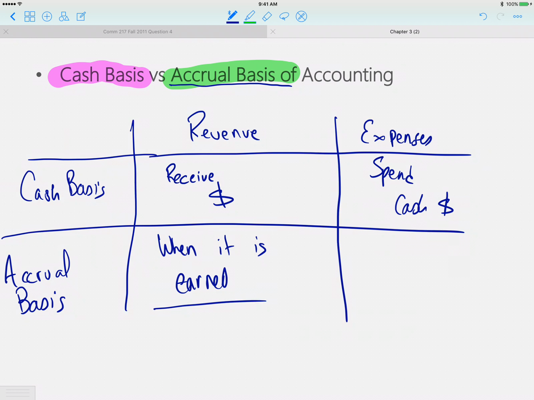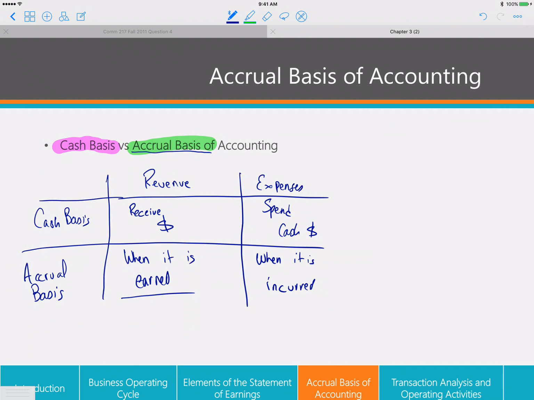Rather, we recognize an expense when it is incurred. So while the cash basis is focused on receipts or disbursements of cash, the accrual basis is actually focused on the actual event. When did it happen? When was the revenue earned? When was the expense incurred?